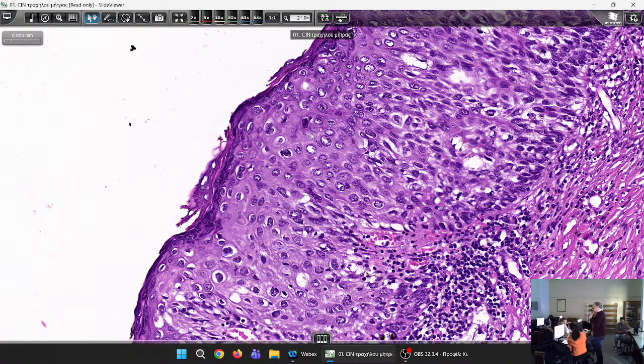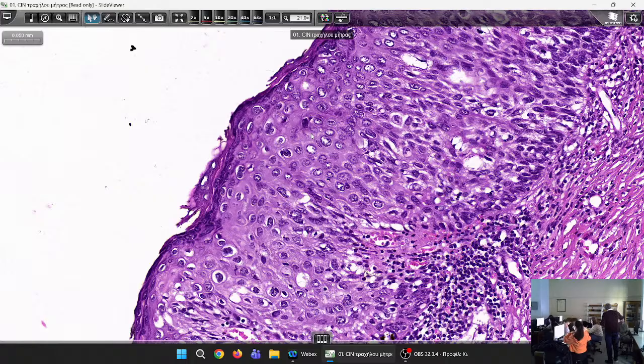However, if you have high-grade dysplasia, then you have to do a surgical procedure, but not radical. Why not radical? Because since there is no invasion, there is no risk of metastasis. So there is no point in resecting the uterus, because this is what we do when we have invasive carcinoma.